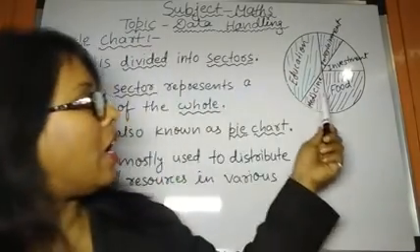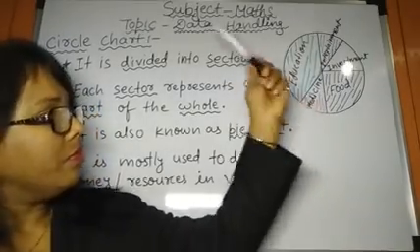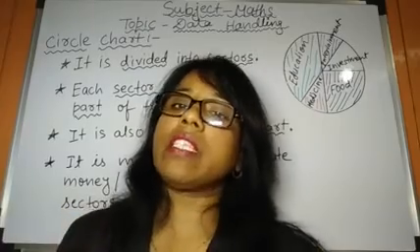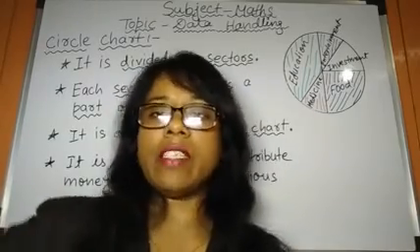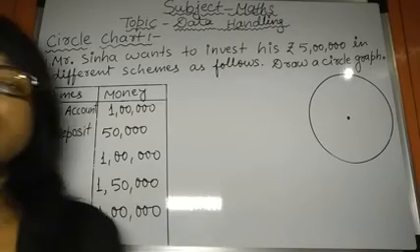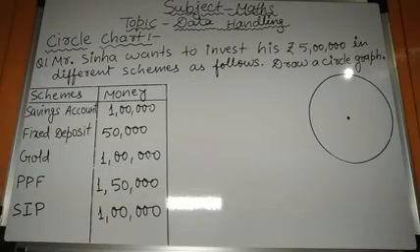So this is a circle graph, but how can you make one? We will see that with the help of one example. Mr. Sinha wants to invest his 5 lakh rupees in different schemes as follows. Draw a circle graph. In the savings account, Mr. Sinha wants to invest 1 lakh.